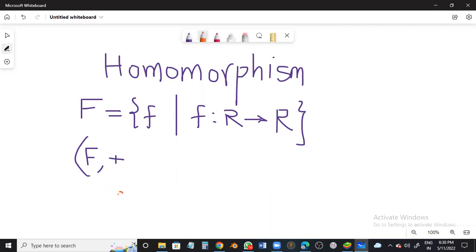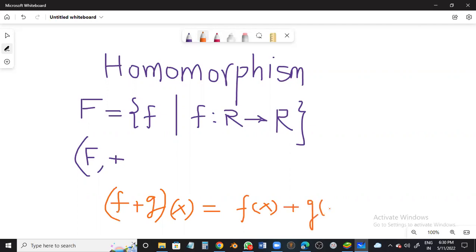If I take 2 members from this set, I want to define F plus G. These being functions, I have to operate them on some X. Then F plus G of X must be equal to F of X plus G of X. This is our usual definition. So this way we define addition on the set F.